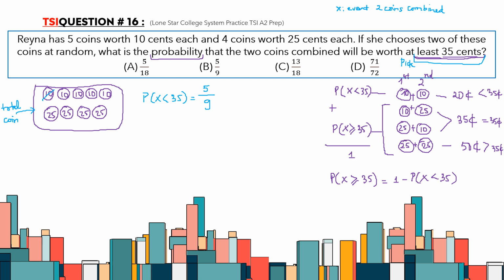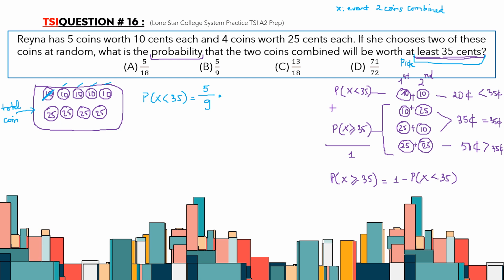We can pick this 10 or this one or this one, it doesn't matter because it's the same value. But we pick one of them first, so it's 5 out of 9 for the first one.